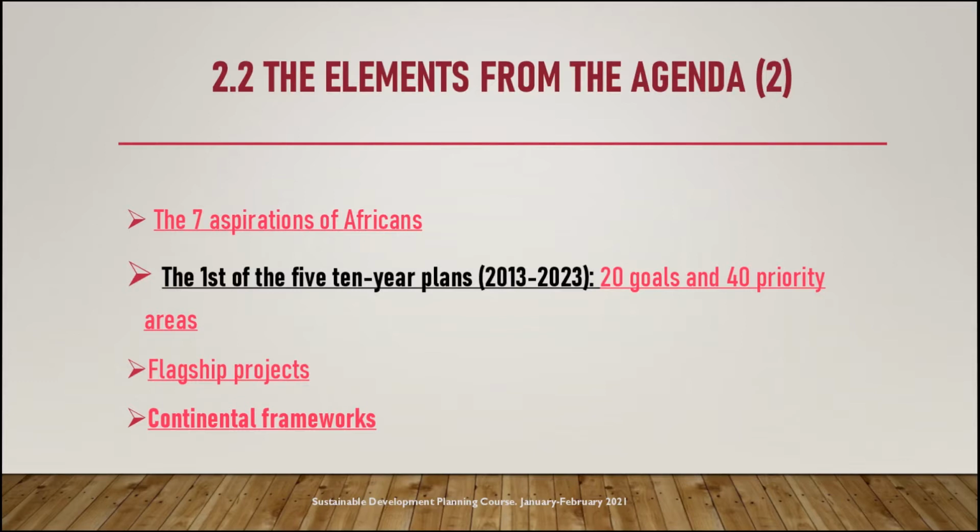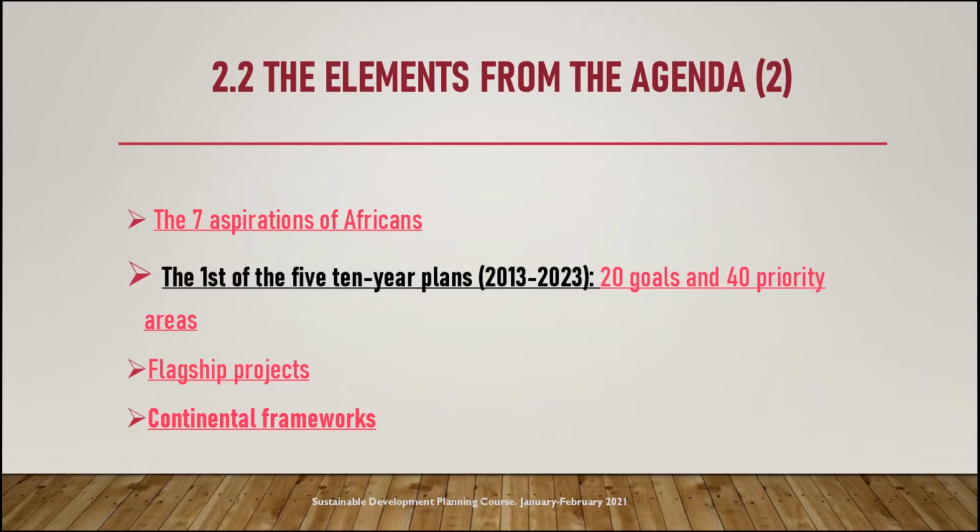So what are the elements of the Agenda 2063? First, we have the 7 aspirations of Africans. The details can be seen by opening the hyperlink associated at that point. The second element is the first of the 10-year plans.